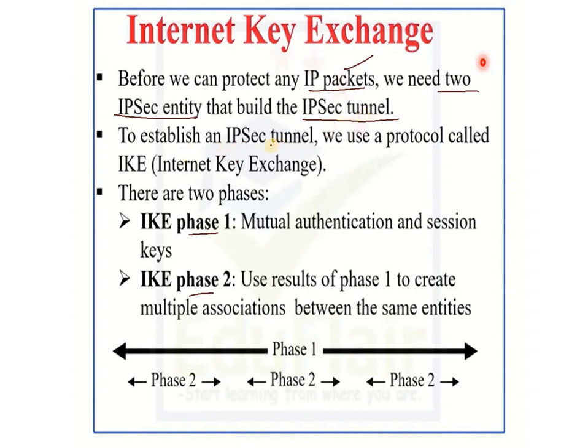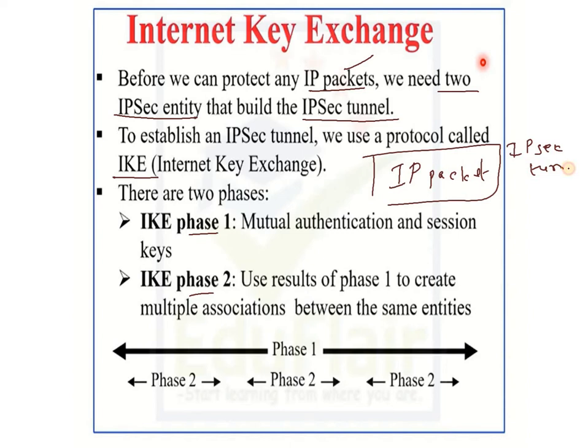To establish the IP security tunnel, we use the protocol called IPsec. So we have to protect our IP packet, and to protect it, the IP security tunnel has to be built up. So how will this IP security tunnel be built?